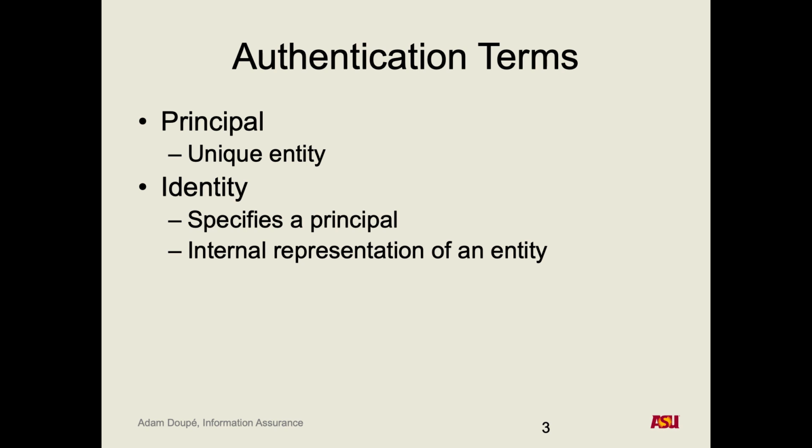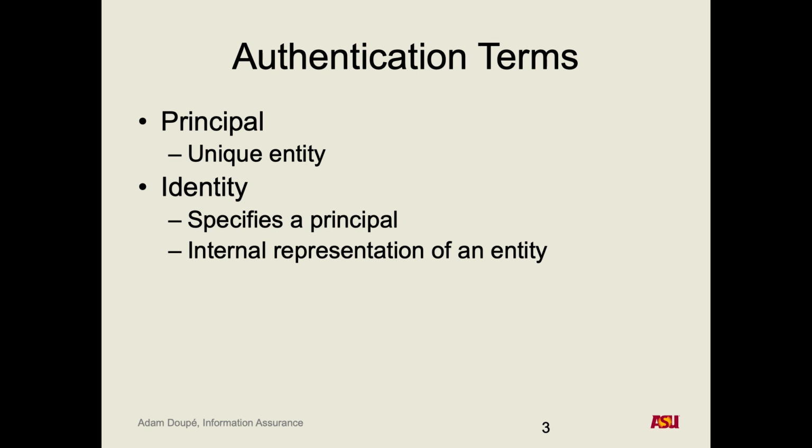Can you explain the difference between identity and principal? Yeah, the key is in this internal representation. Each of you has an ASU ID. Are you that ID? Is a person an ID? What is that ID? It's a representation of you within that system.